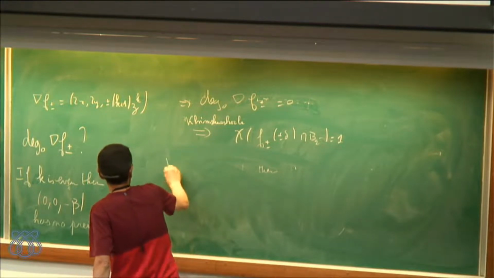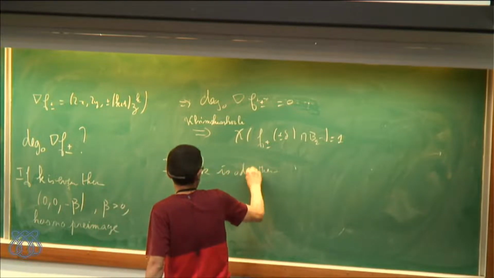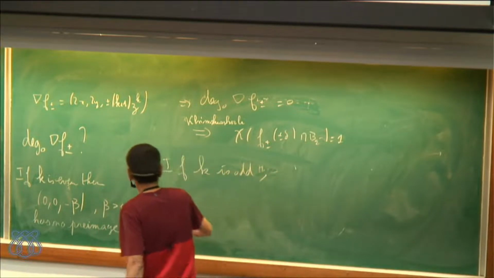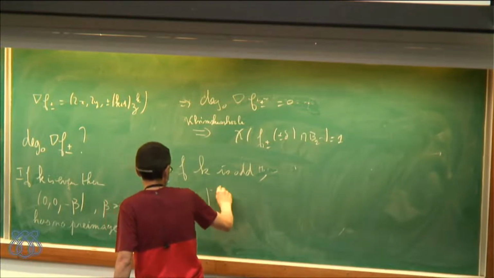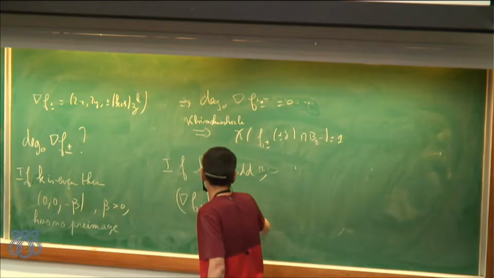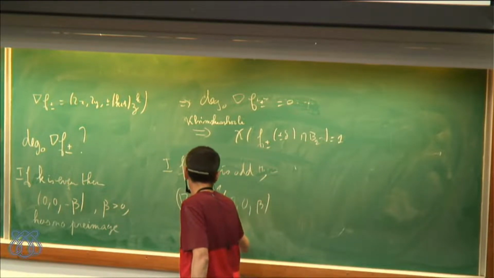So let's compute the inverse image of (0, 0, beta), positive.